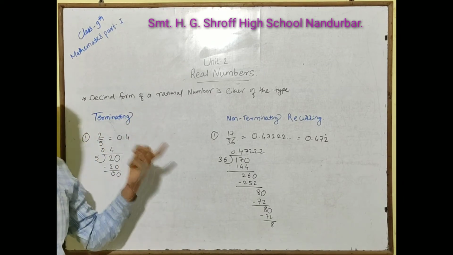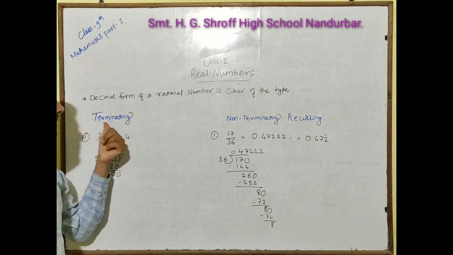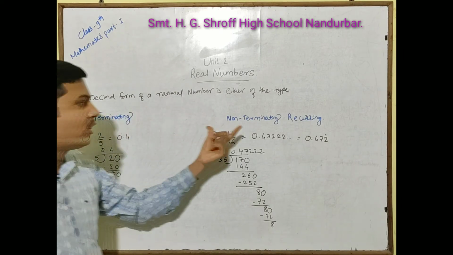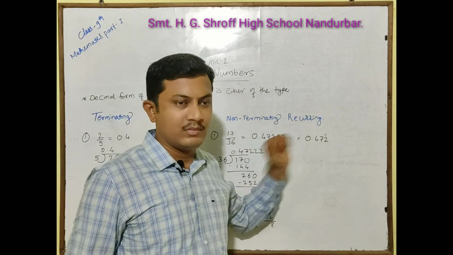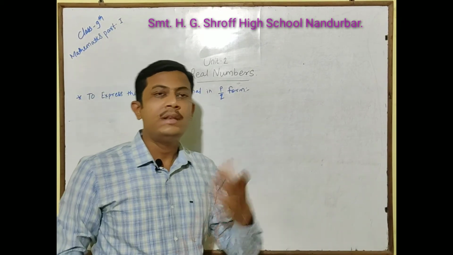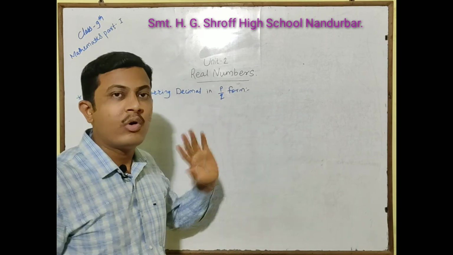So this becomes the definition of the rational number: the decimal expansion of a rational number is either terminating or non-terminating recurring. To express a recurring decimal in the p upon q form means that a recurring decimal is given, and you have to convert it into p upon q form.